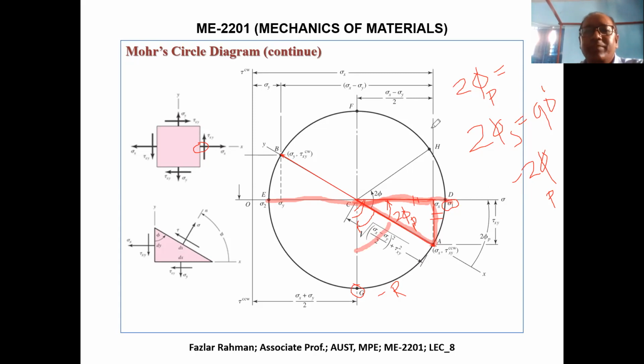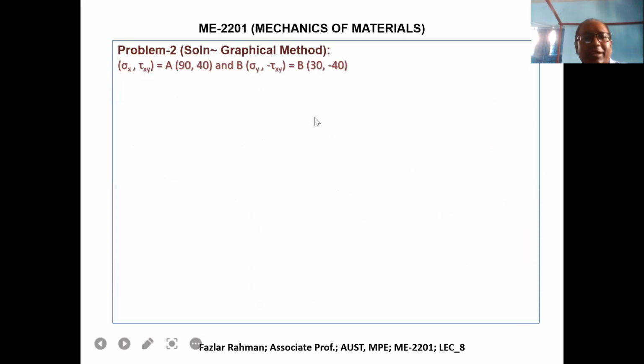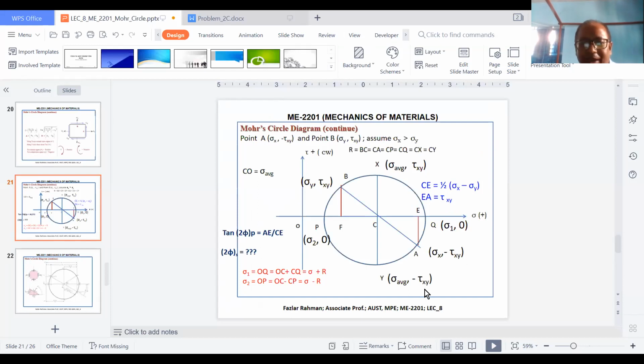Now we'll solve a problem, then it will be very clear to you. Okay? So let's see how I can solve it. It is better to solve it on the blackboard. Let's see. Let me open it.